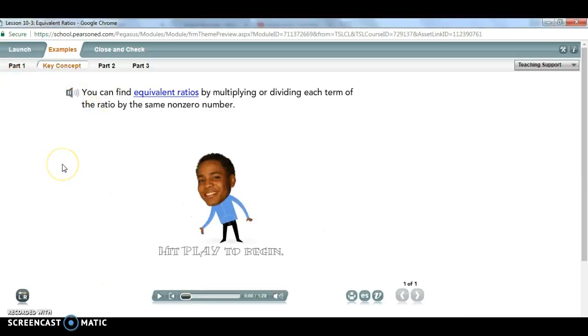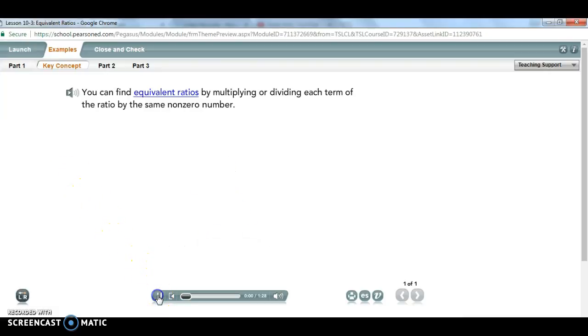You can find equivalent ratios by multiplying or dividing each term of the ratio by the same non-zero number. This model shows the ratio 2 to 6: 2 blue circles to 6 red squares. To find an equivalent ratio by multiplying, multiply each term of the ratio by the same non-zero number.